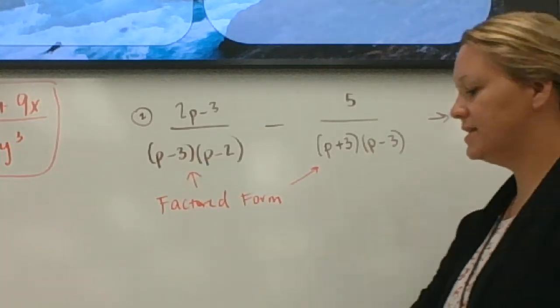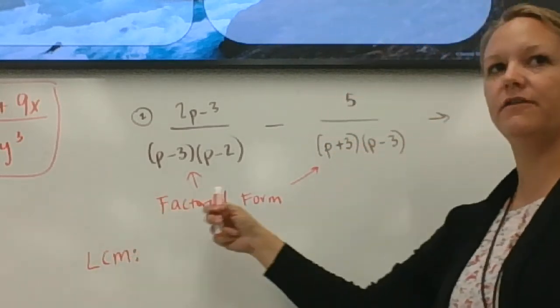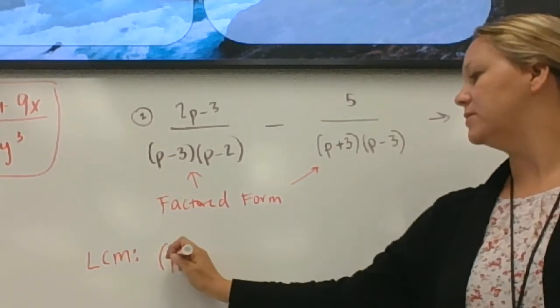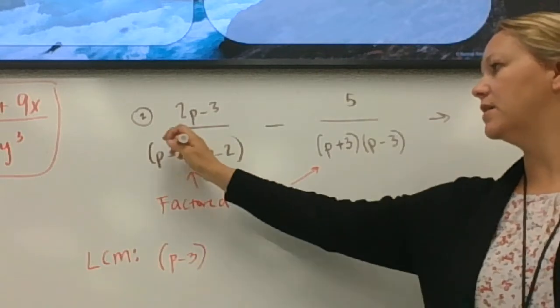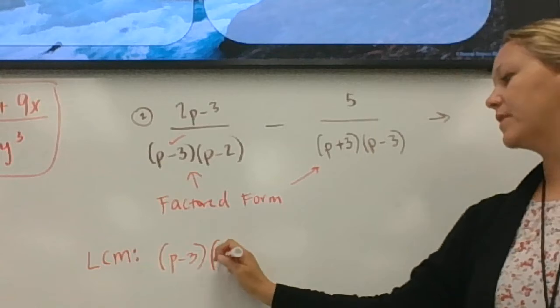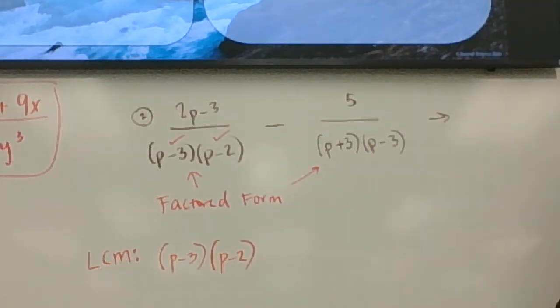So then my LCM, my common denominator, has to include every factor present in the original denominator. So I'll have to include p minus 3. I put a little check mark if I have it in the list. P minus 2, little check mark.